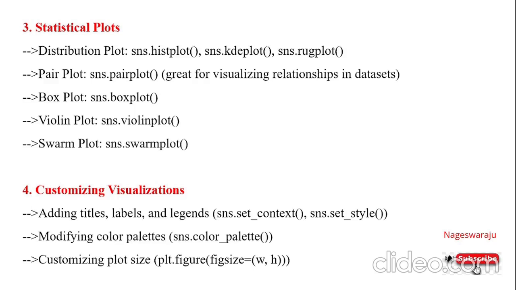At that time, we can use a distribution plot. We need to show frequencies, probabilities, and densities. Here, sns.histplot, sns.kdeplot, and sns.rugplot are the plots that come under distribution plots.